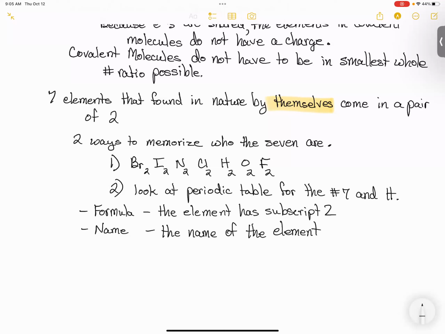Because you got to know Brinkhoff, or you got to know the 7 plus hydrogen. Now, I will say that I did make a Quizlet of the diatomics. So there's a Quizlet for you of the diatomics to help you out a little bit.